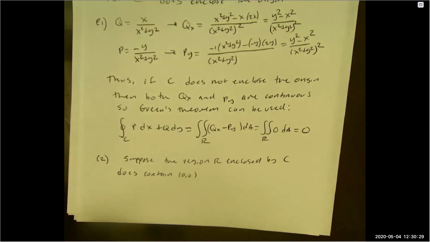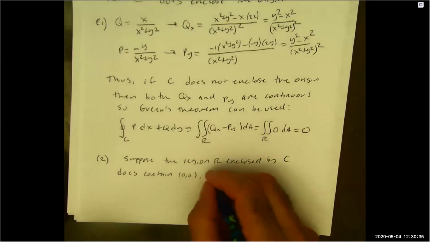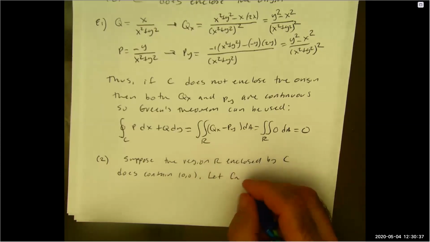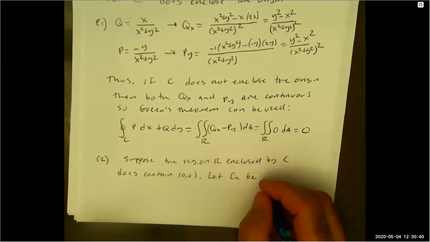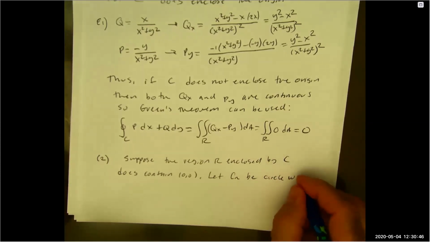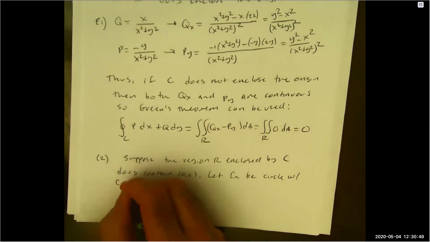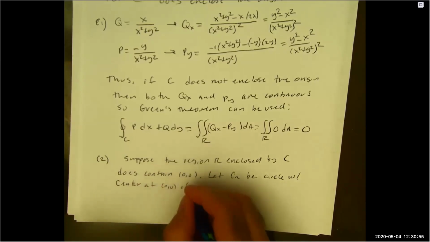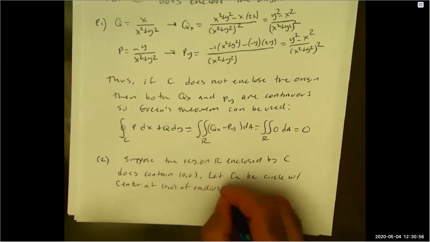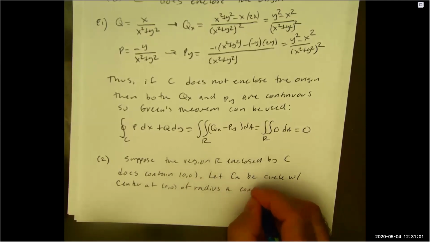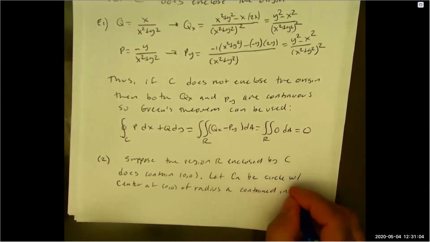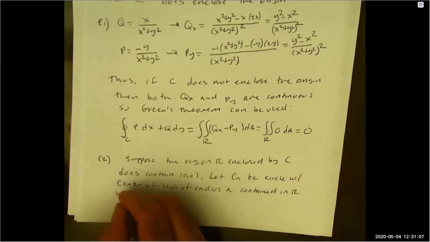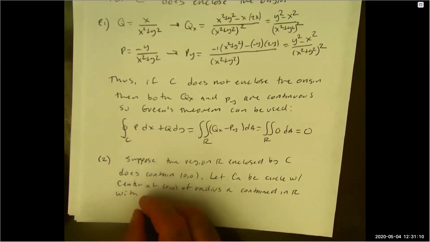And so we're going to have to find a way to work this problem sort of indirectly. So we're going to let C_a be a circle with center at 0, 0 of radius a contained in R with counterclockwise orientation.